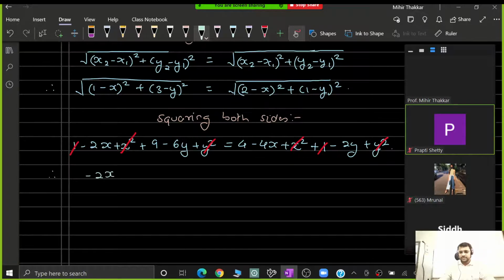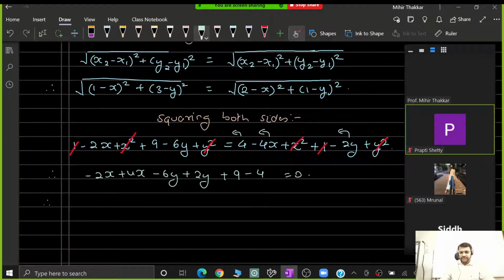minus 2x plus 4x minus 6y plus 2y plus 9 minus 4. This 4 goes on the left, minus 4x becomes positive on the left, as well as minus 2y becomes positive on the left side. Nothing is left on the right side, so we are left with 0.